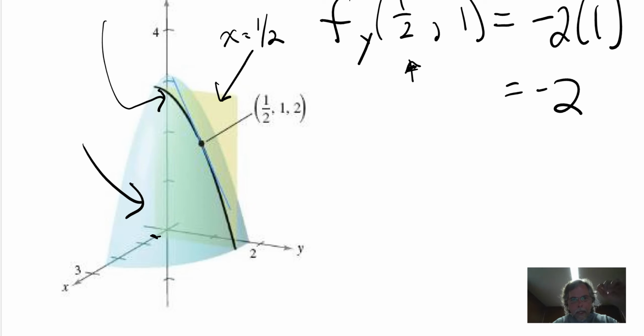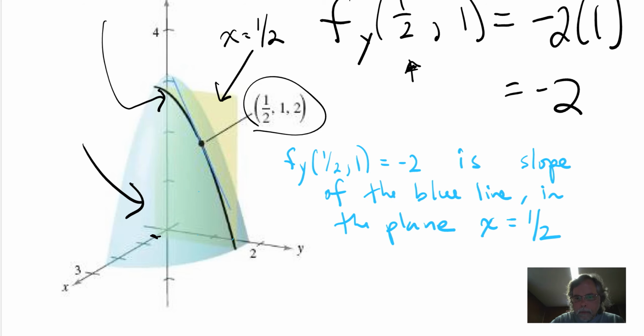At this point of interest, that intersection arc has a tangent line, which has a slope of negative 2. So f_y, the partial derivative with respect to y, evaluated at 1/2 comma 1 equals negative 2, means that is the slope of the blue line in the plane x equals 1/2, the slope in the y direction.